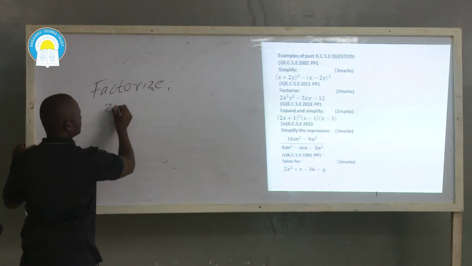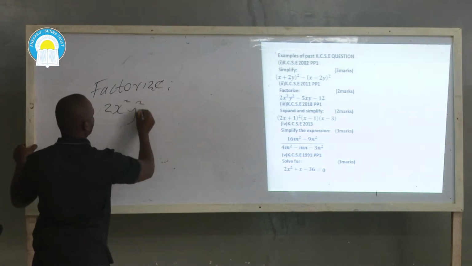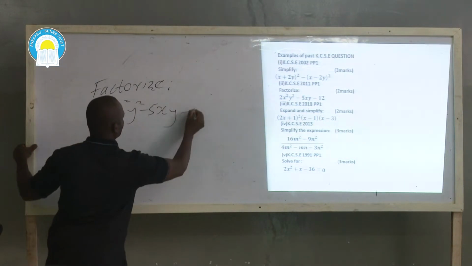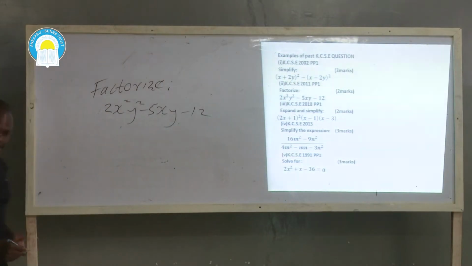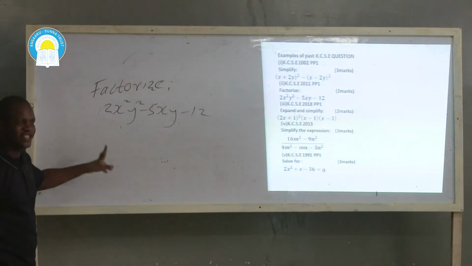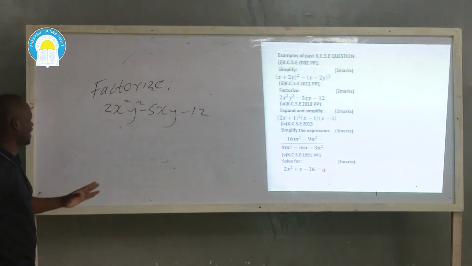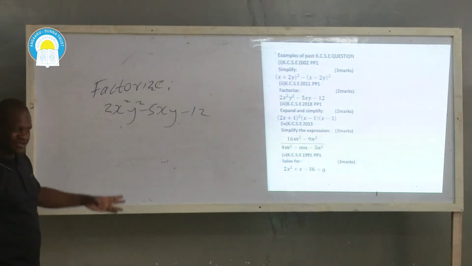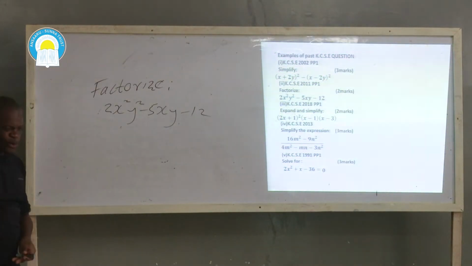So KCSE 2011, we had that question in paper 1. Factorize 2x squared y squared minus 5xy minus 12. Implying what? We are dealing with what? An expression and not equation. Of course, later we shall see how that is achieved. We go to KCSE 2018.